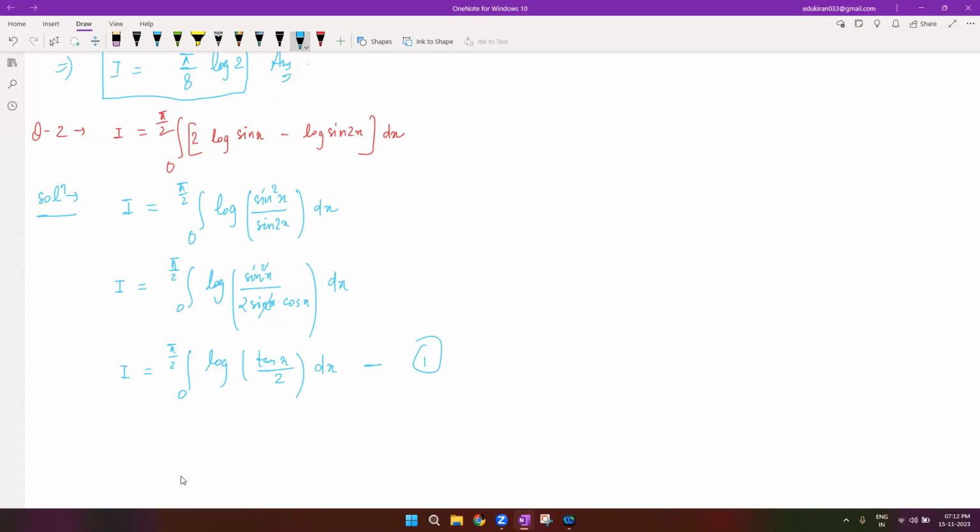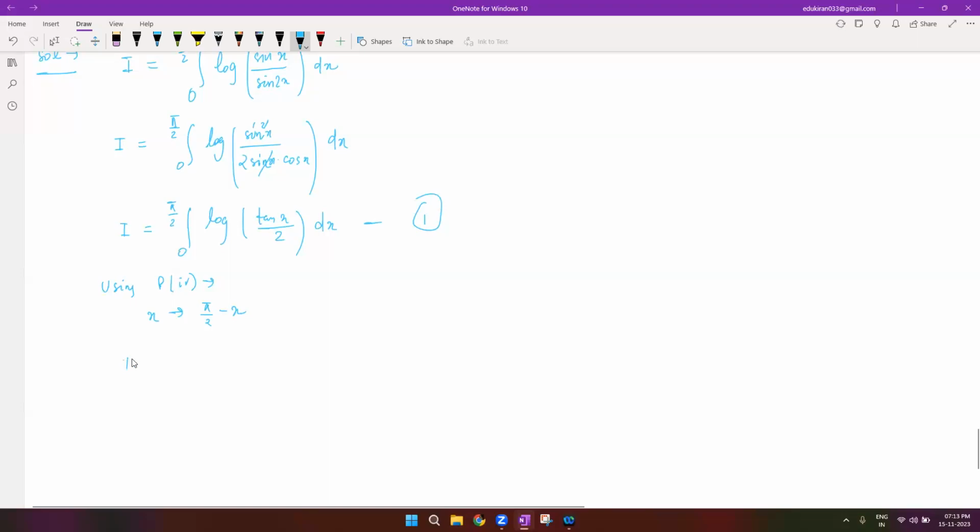This is the approach. So now we can see that if we use property fourth, it will get cancelled out in the end because tan x into cot x is 1. So using property fourth, let's solve the question now. Using property fourth, we can change x to lower limit plus upper limit minus x, which is pi by 2 minus x.